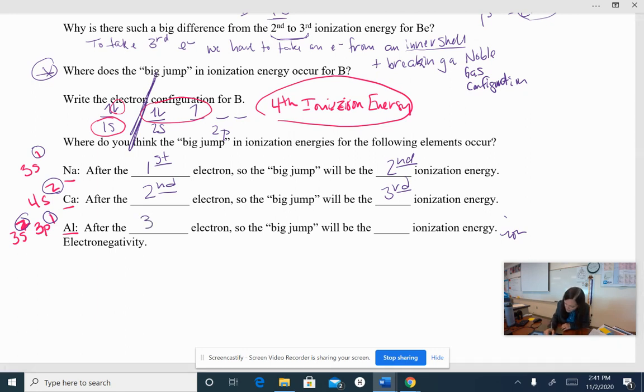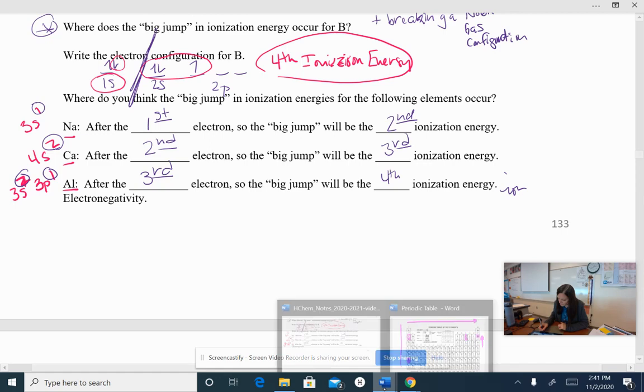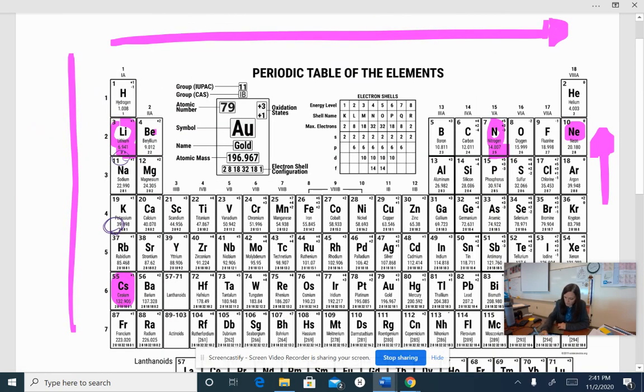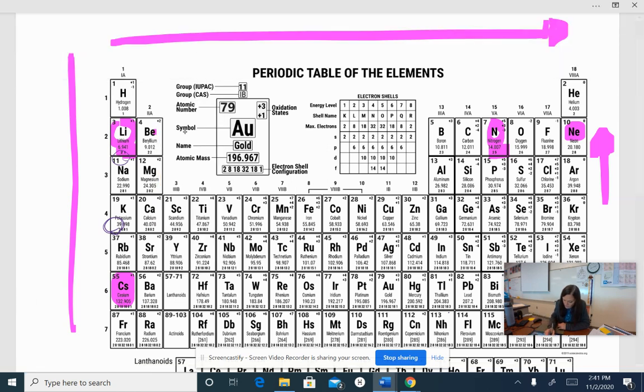So after that third electron is pulled off, that 4th electron will be the big ionization energy. Okay? So if you want to check it out on the periodic table, let's look at this. We were looking at sodium. Notice it's got 1 valence electron.